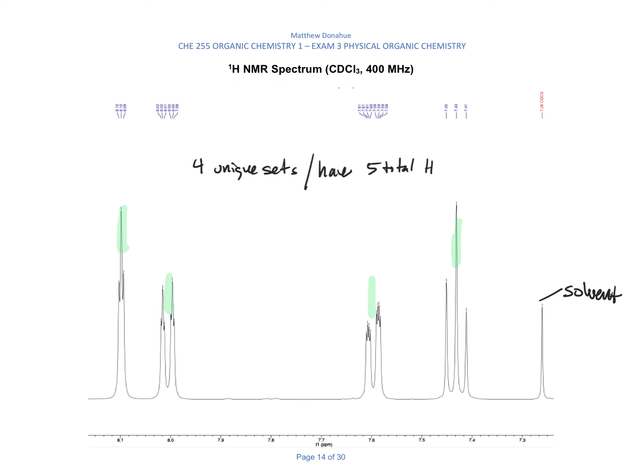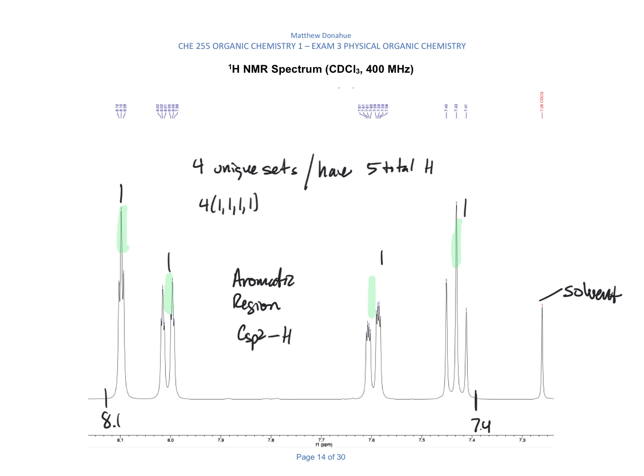But if you look at the region in which these are in, 7.4 to 8.1, we know that this is the aromatic region. So that means the carbons are sp2 hybridized. If they're on a benzene ring, they can only have 1 H. So the integrations, the ratios in the sets here, would be 1 to 1 to 1 to 1.